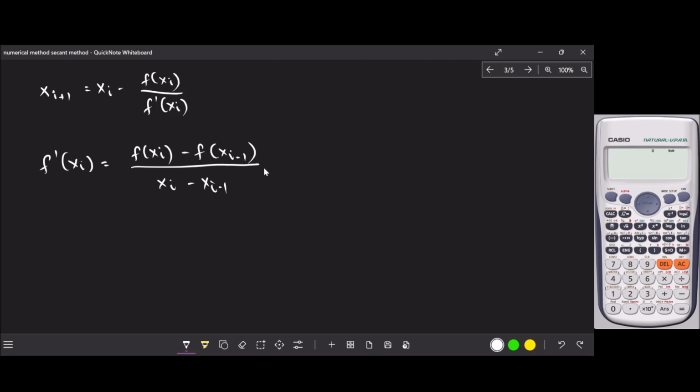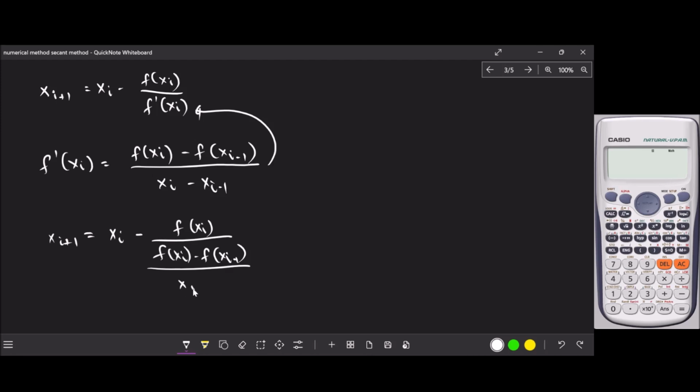If we substitute this into the equation, we have xi plus 1 equal to xi minus f of xi over the quantity f of xi minus f of xi minus 1 over xi minus xi minus 1.